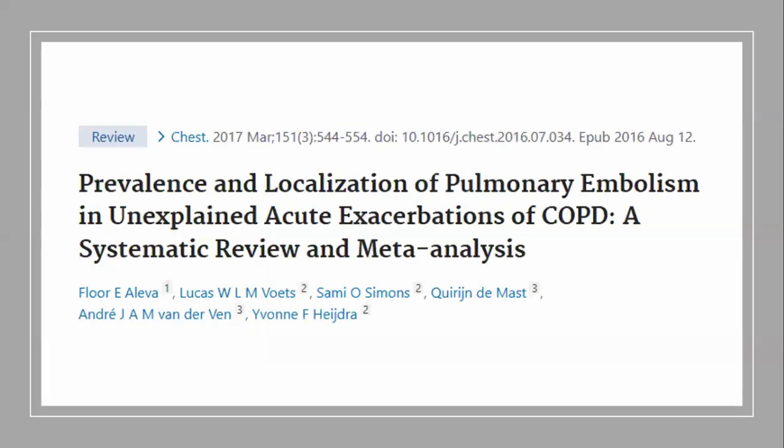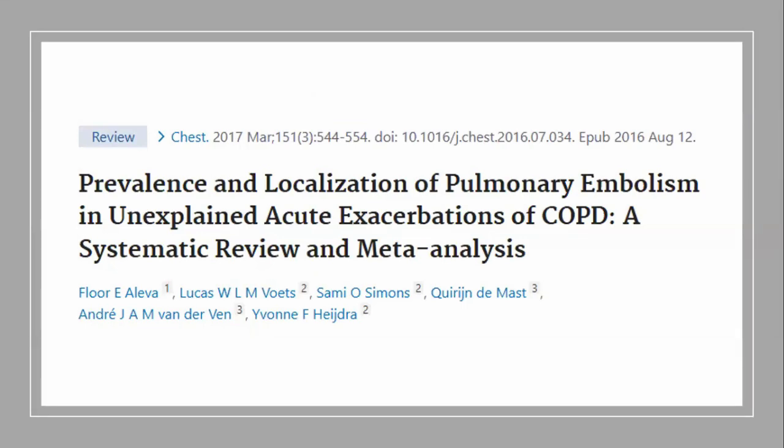So this paper by Fleur looked at the localization of PEs in unexplained acute exacerbations of COPD, which was a systematic review and a meta-analysis. So they've established, we know there's a good link between inflammation and thrombosis. And this study was really to see what is the incidence of PE in unexplained acute exacerbation of COPD.